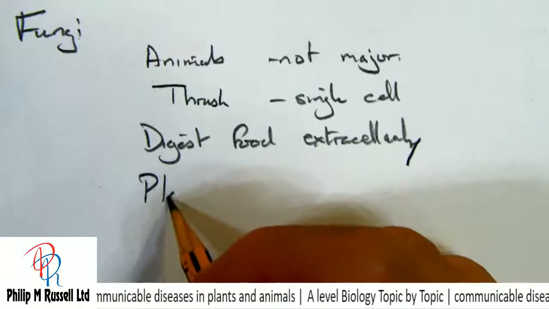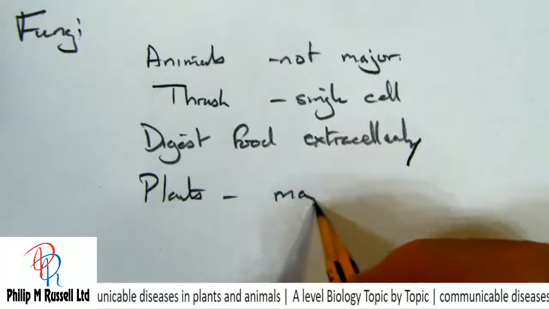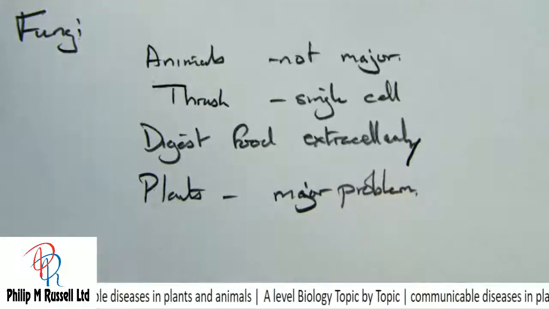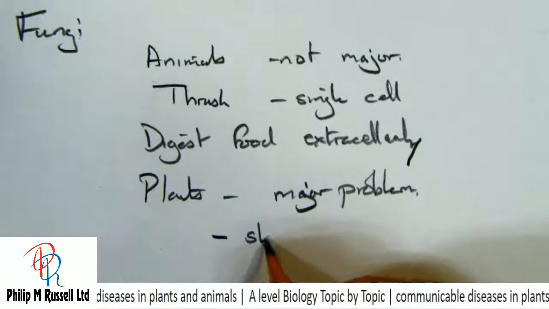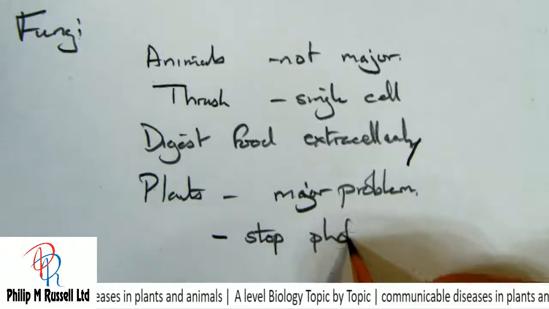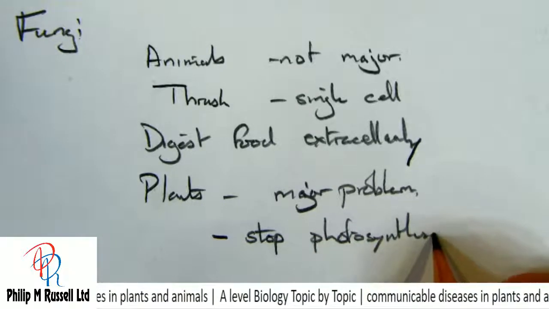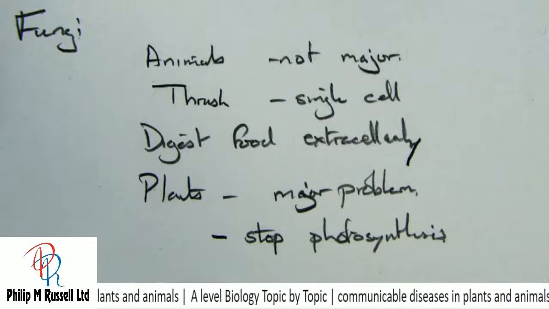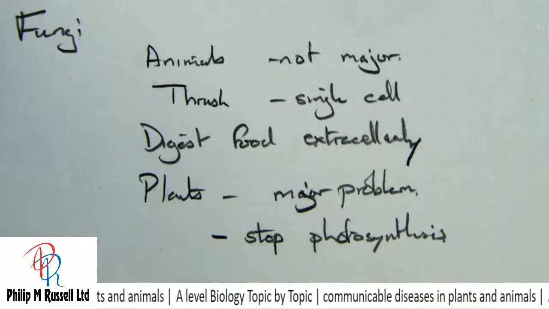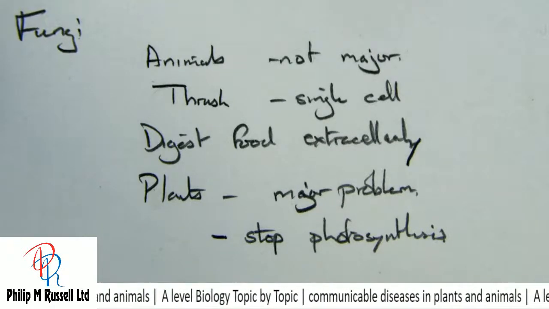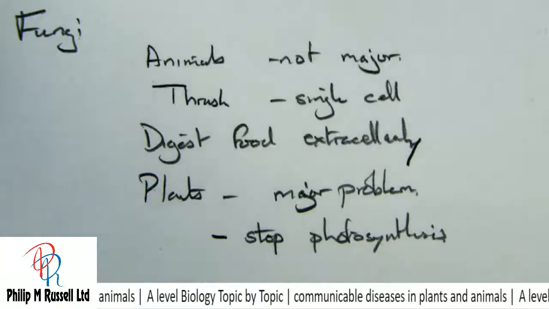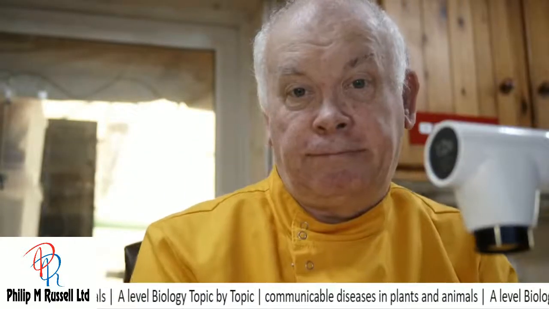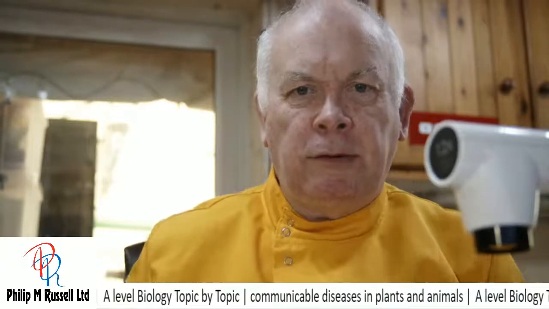On plants, these are a major problem because they usually end up stopping photosynthesis, and if you stop photosynthesis in a plant, that's going to quickly kill the plant. And when the fungi reproduce, they produce millions of tiny spores which spread huge distances, and they go off and kill all types of things, moving on from one to the other.